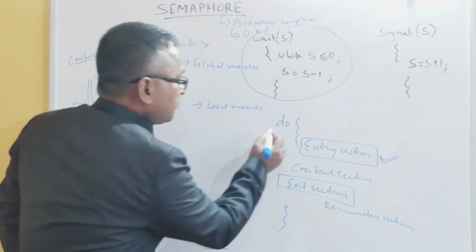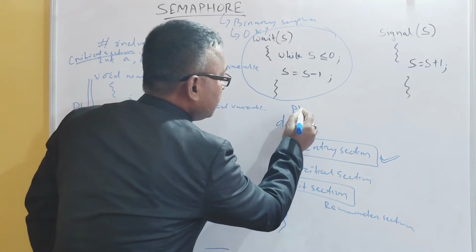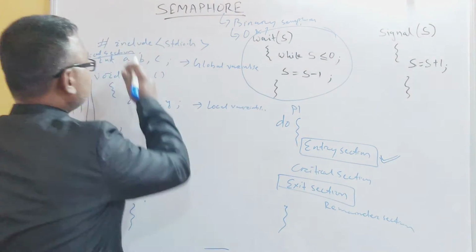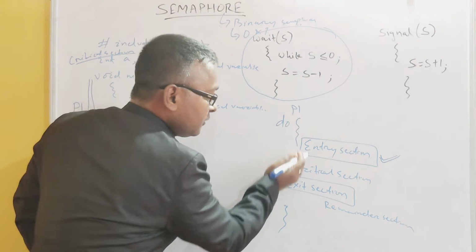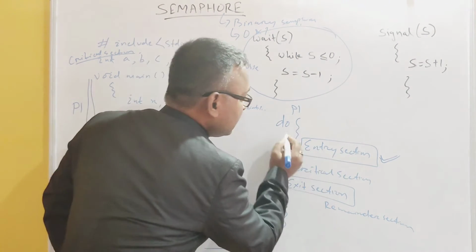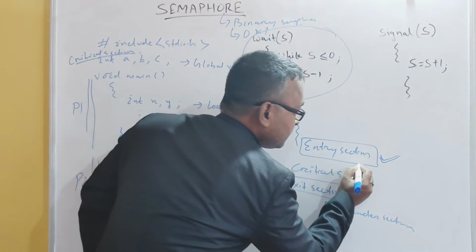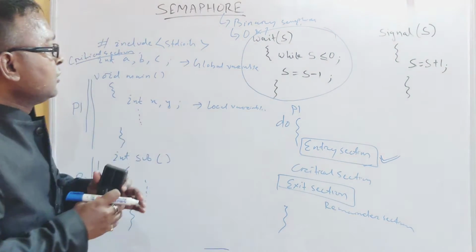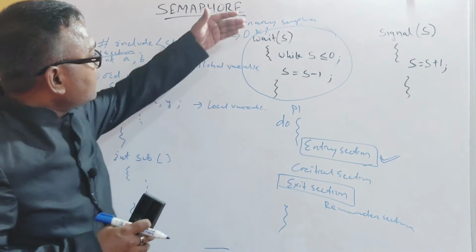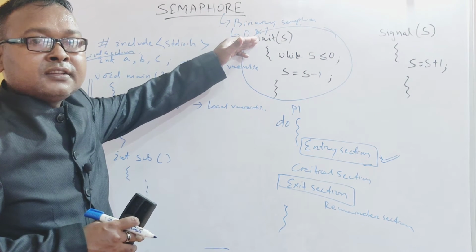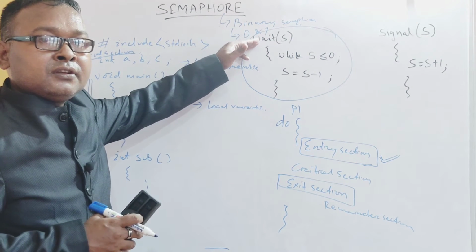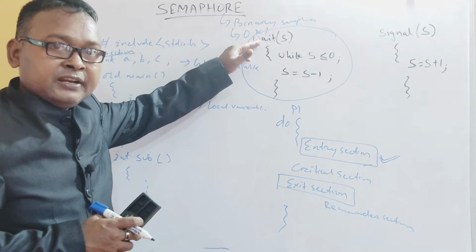Right now process P1 wants to access the global variable, the critical section. So P1 will go for executing the entry section, and executing the entry section means the semaphore will be implemented.